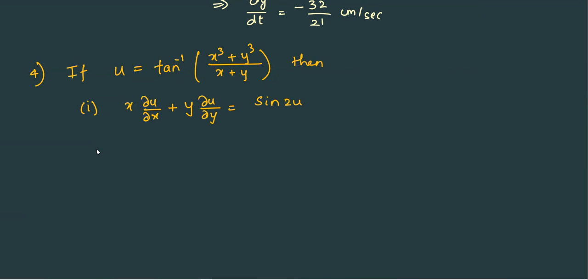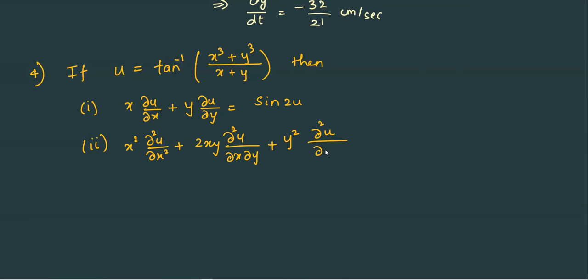We need to show this, and we need to show that x square dou square u by dou x square plus 2xy dou square u by dou x dou y plus y square dou square u by dou y square is equal to sine 4u minus sine 2u.